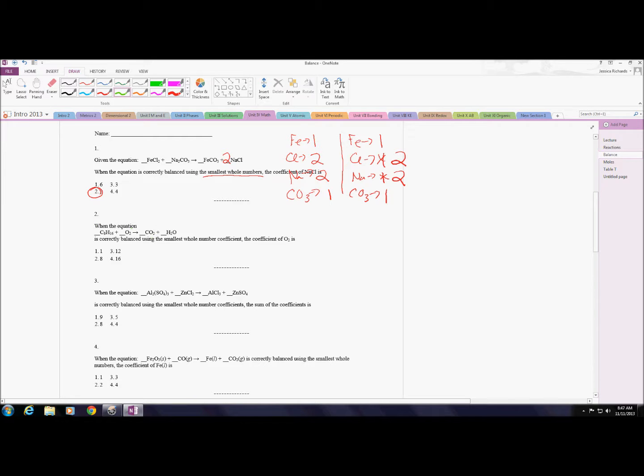All right, number 2. Whenever you see reactions where you have an organic molecule, so something made with carbon and oxygen, these are combustion ones and they are hard. Typically, when we balance equations, the normal order you would go in would be metals, nonmetals, and then leave oxygen last.